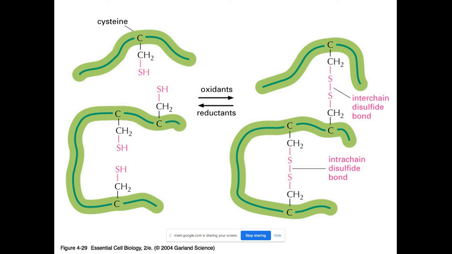Now it must be understood. If we use any oxidant, it will form the disulfide bonds. Again, if you want to get back to that condition, we have to use reducing agents.